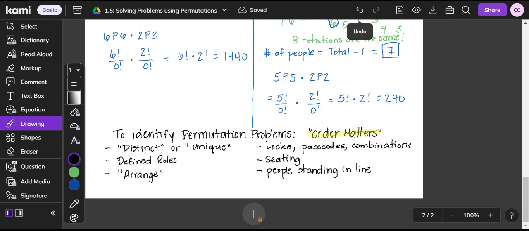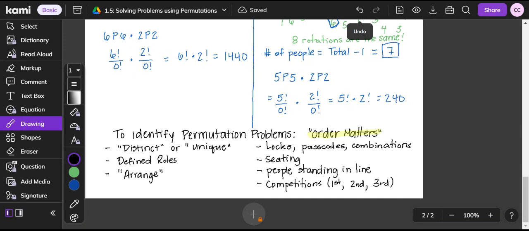And then the last one that I can think of off the top of my head is also competitions. So what do I mean by competitions? This is when you're awarding somebody first place, second place, third place, etc. So any type of sports tournament or competitive bracket, any sort of thing like that, that's also going to be a permutation because there can only be one person in first place, and that definitely matters.